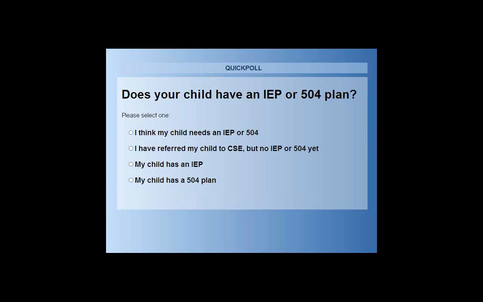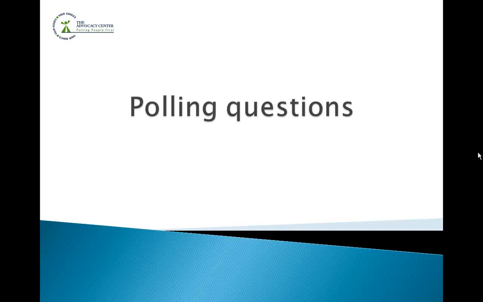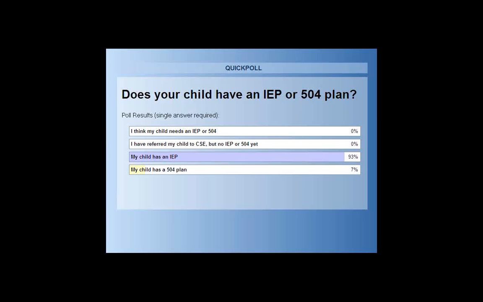I'm going to leave this open for just a couple more seconds. I know the anticipation is just palpable. All right, I'm going to close that poll and share those results. So as you can see, 94% of the parents in our audience have a child who does have an IEP, and 7% have a 504 plan. So let me hide those.